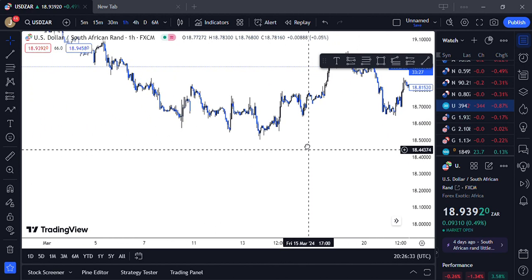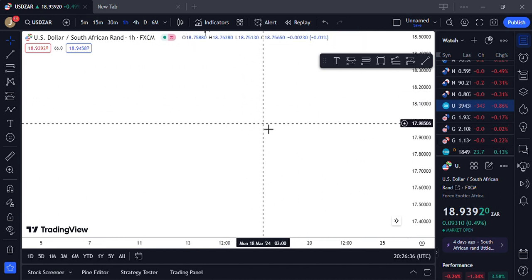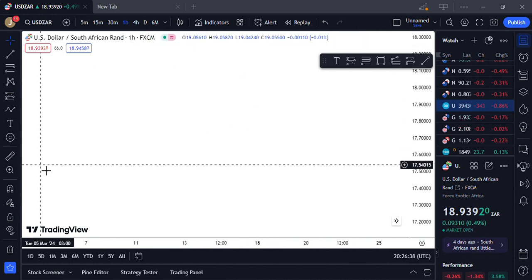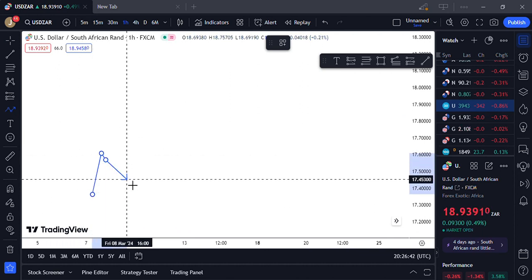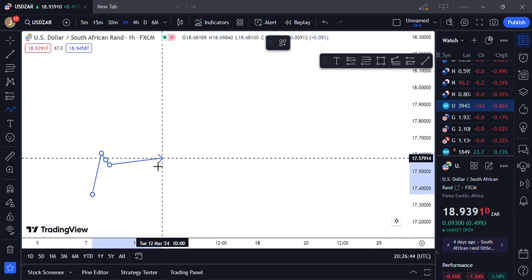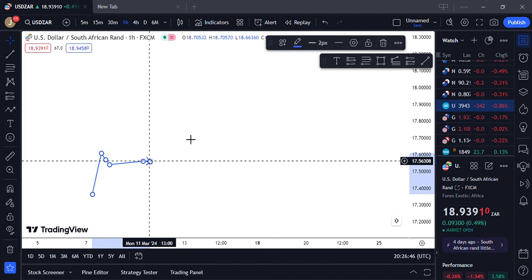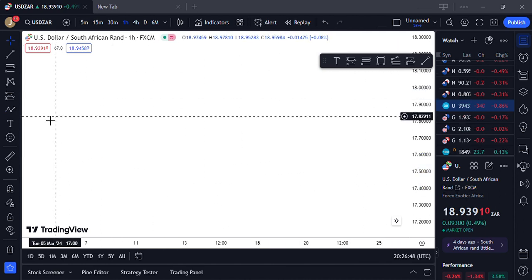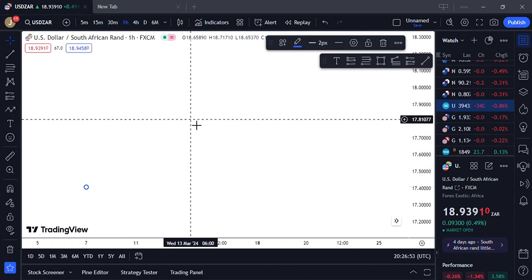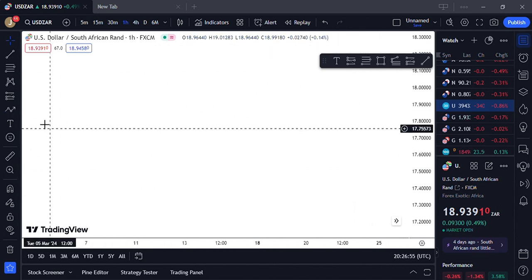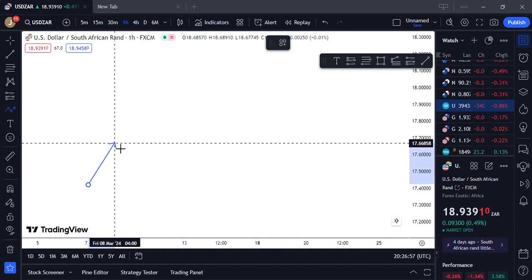Let me actually do this. Let me not use those charts here. I'm just going to briefly get into it. So an uptrend is doing this, let me delete this. It's ugly. So an uptrend is basically doing this.